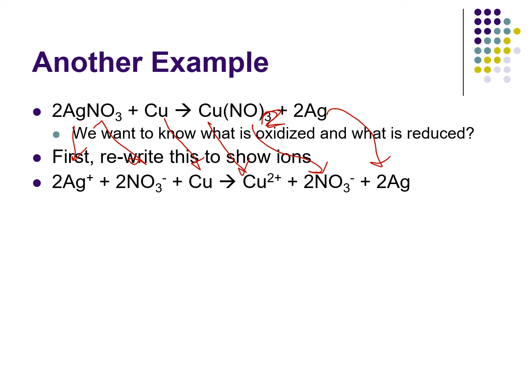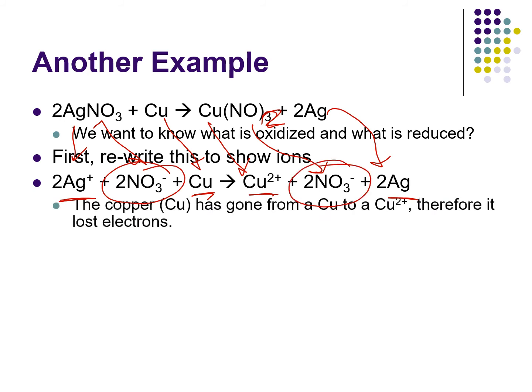So now we look at this and I go, okay, silver went from Ag plus to just Ag. I can also see that the copper went from just copper neutral to copper 2+. So the silver and the copper were involved in this redox. This nitrate though started as NO3 negative and is still NO3 negative. So it didn't really do anything.